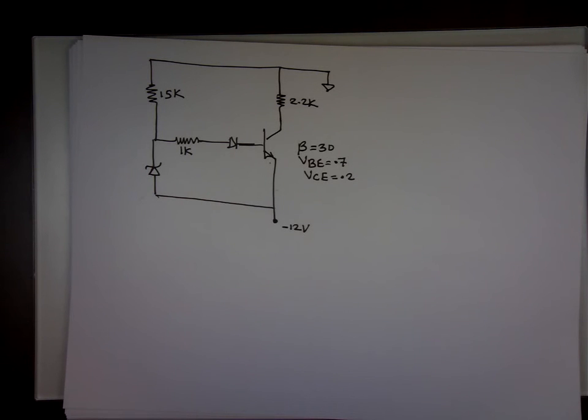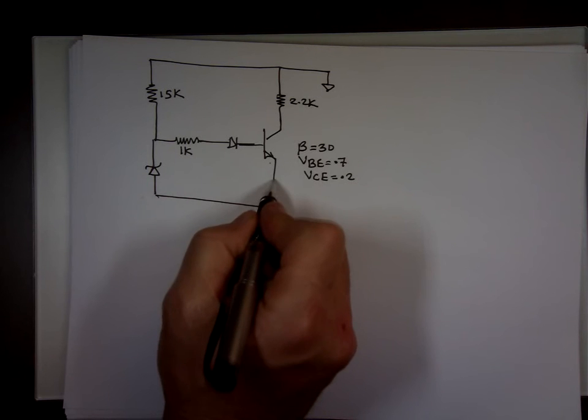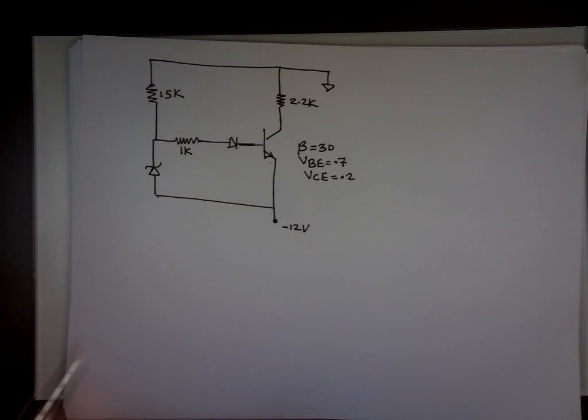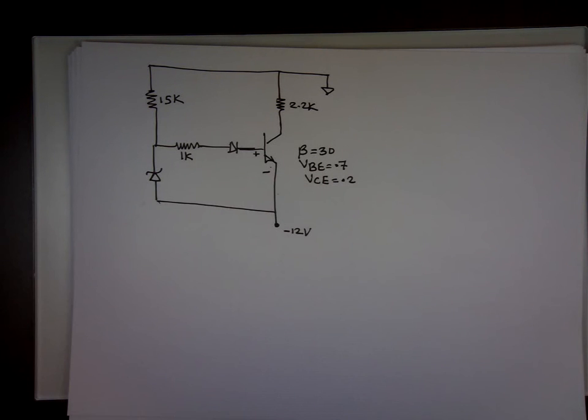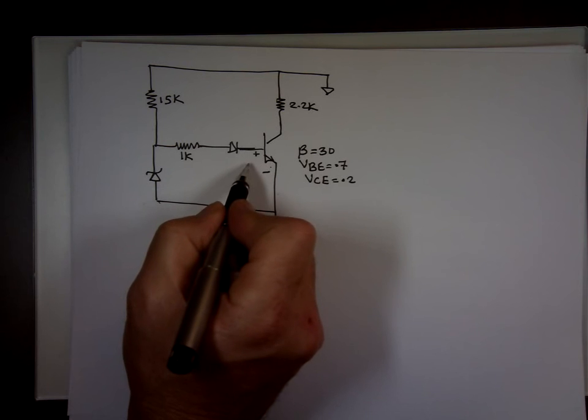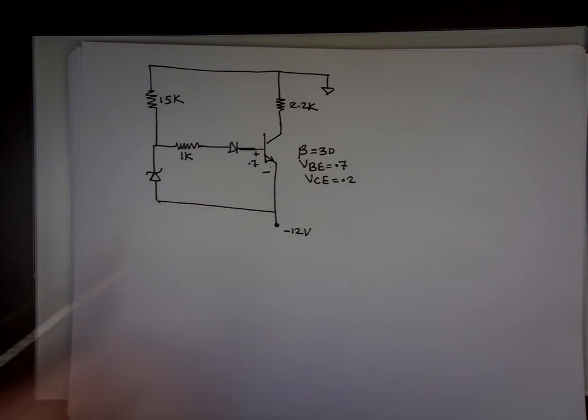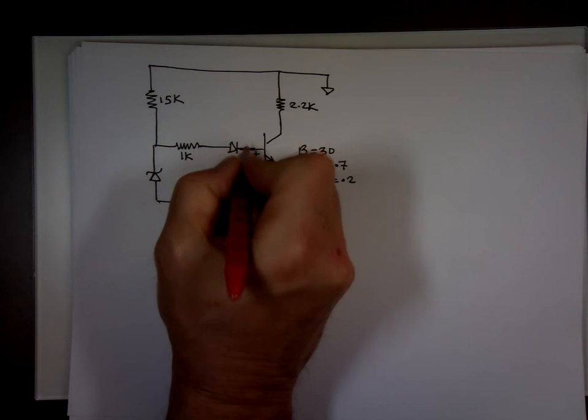Well, if this is negative 12, that's the voltage right here. Remember, for this to be on, this voltage has to be 0.7 volts higher. So if this is negative 12, then this end has to be negative 11.3.